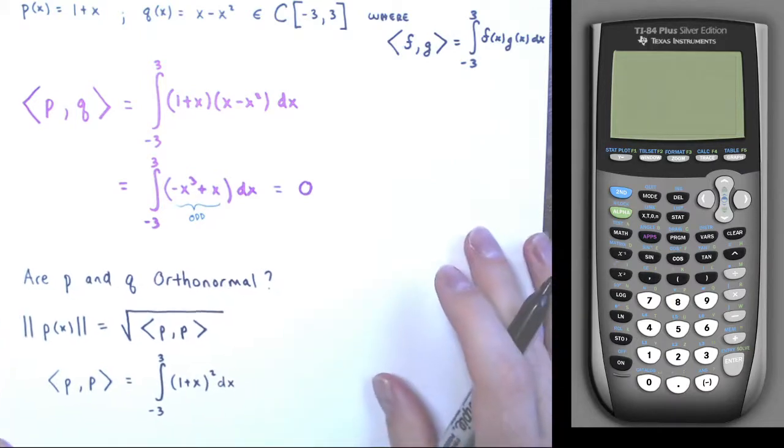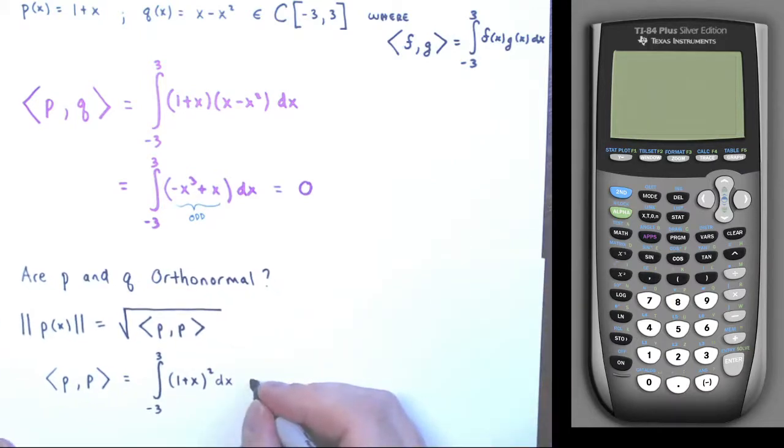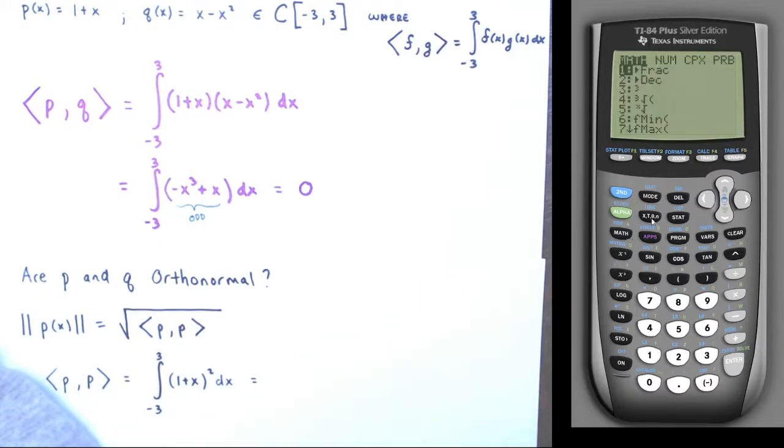Now again, this wouldn't be too terrible to find by hand, just multiplying a polynomial out. But I do have a nice little calculator here to make this a little quicker. On the TI-84 Plus, hit the math button, hit number 9, and an integral comes up.